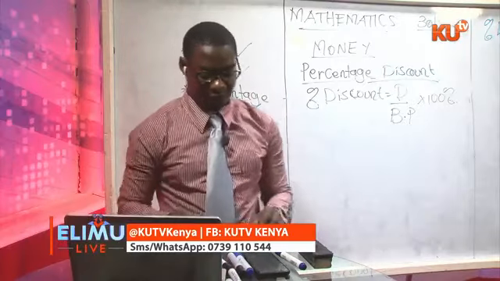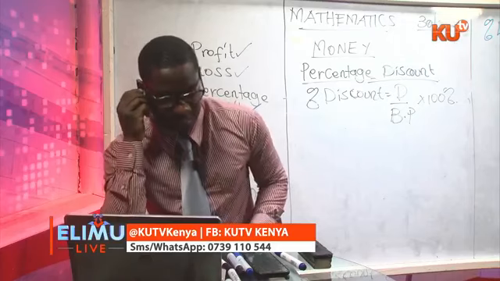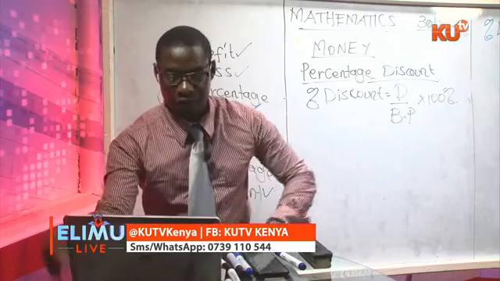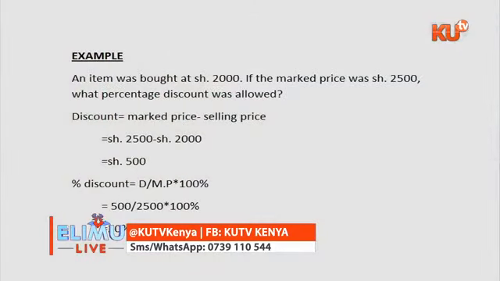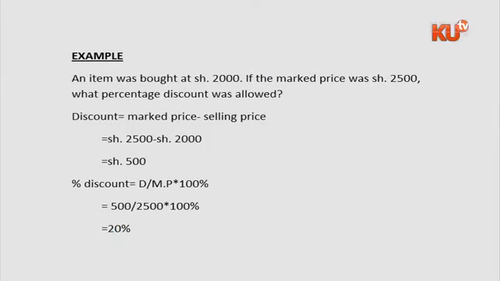So I have a question for you. An item was bought at 2,000 shillings. If the marked price was 2,500, what was the percentage discount, or what percentage discount was allowed?